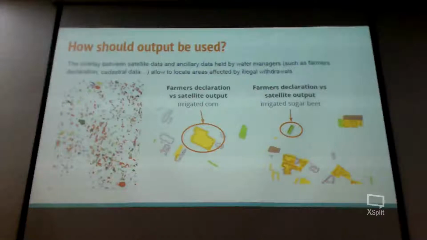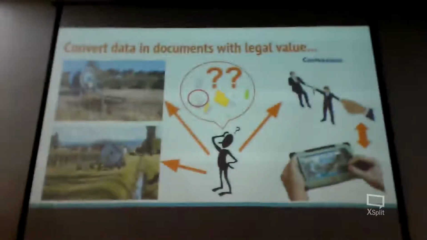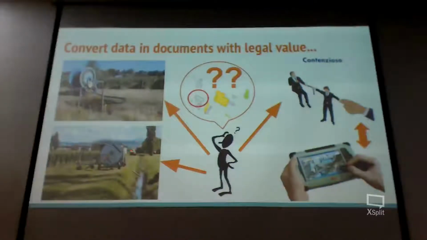Of course, this is very important, and not all the people that work with this data understand this. So we have to convert the data into a document with legal value, because we are providing data that came from a model, and of course a model has a source of error.